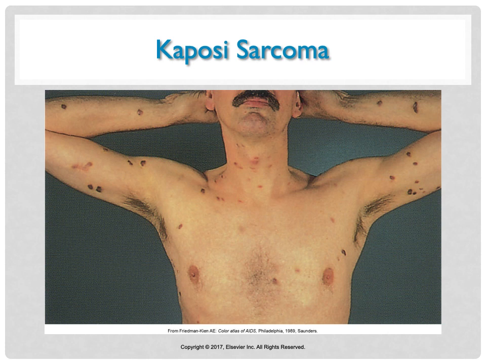Kaposi sarcoma are these dark spots. They actually look almost like an angioma or a raised area on the skin. They can be various sizes, and they can appear anywhere on the skin surface and on internal organs.